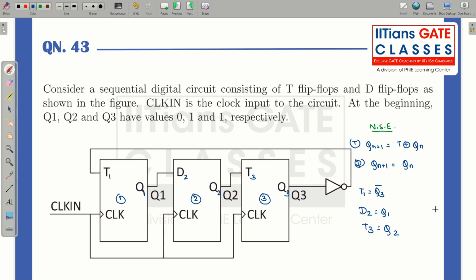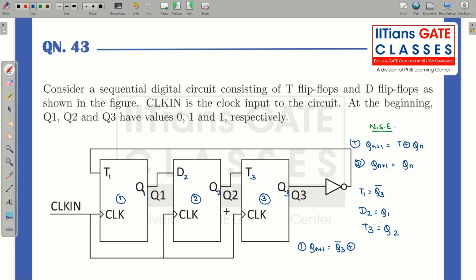So now let us put one by one in this. For the first flip-flop, what will be the next state equation? Qn plus 1 is equal to T1 XOR Qn, so T1 is Q3 complement XOR with Qn.